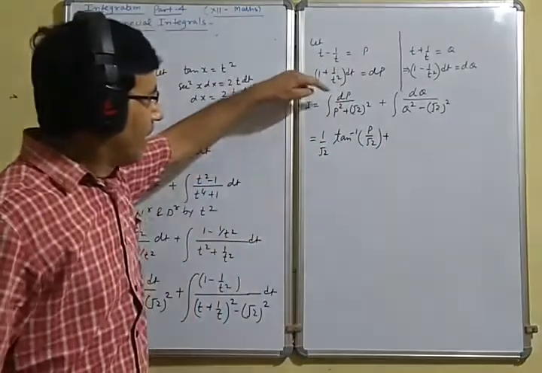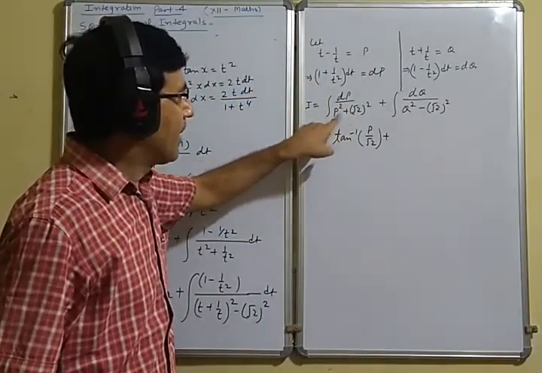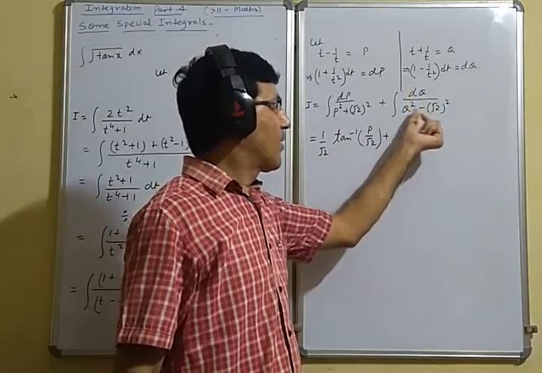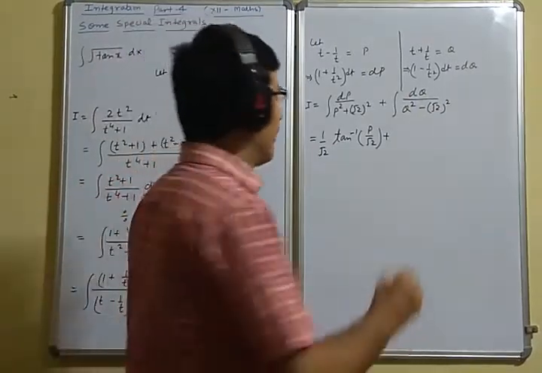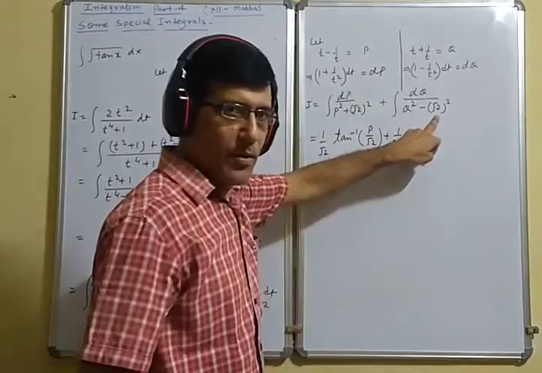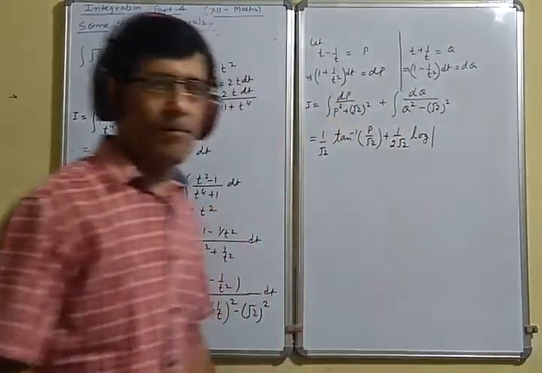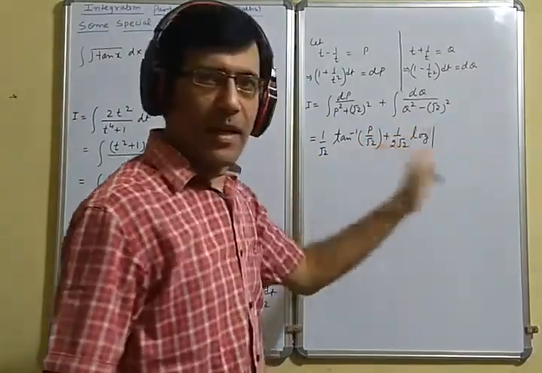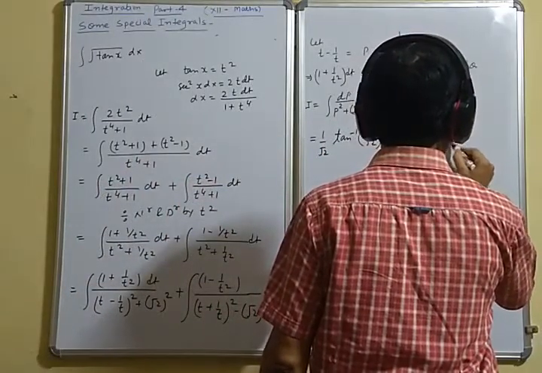Plus, for the form dx upon x square minus a square, it is 1 upon 2a log of x minus a upon x plus a, where a is root 2.